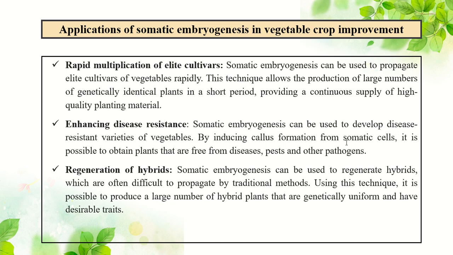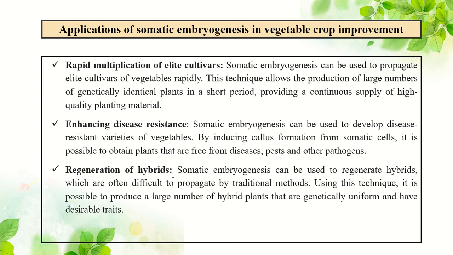So somatic embryogenesis can be used to develop disease-resistant varieties of flower crops or vegetable crops by inducing callus formation from the somatic cell. Regeneration of hybrids: many people are telling this, but not like this, as we are doing in the field.